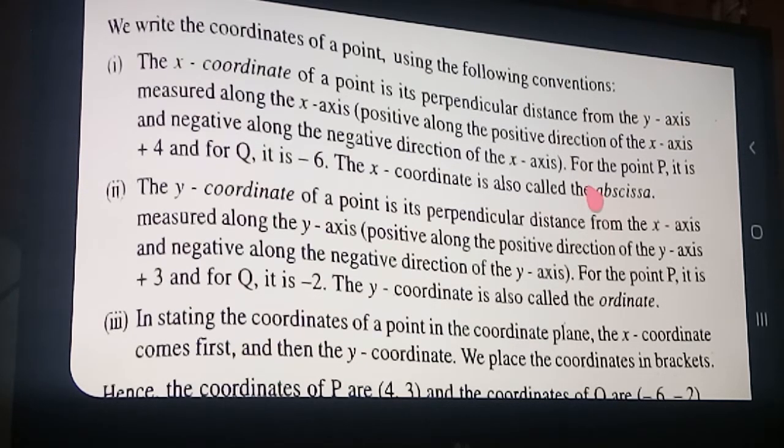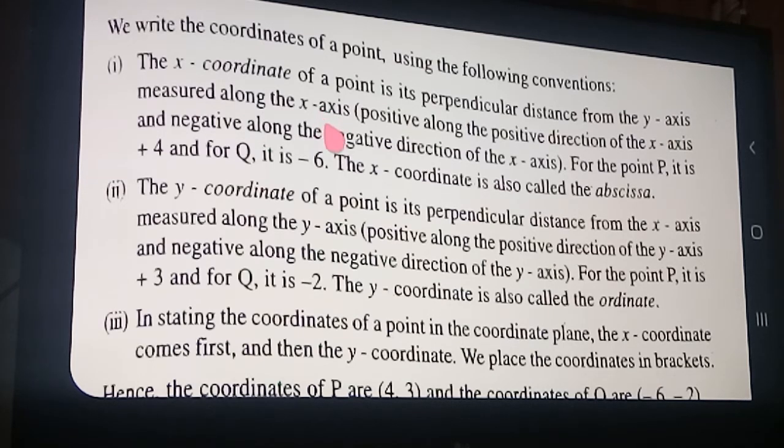Abscissa. Sometimes a question asks in such a way: in the point P(-6, -2), abscissa is dash. Abscissa means what? What is written first? -6. That is the x-coordinate, which we are calling abscissa. Clear? The x-coordinate of a point is the perpendicular distance from the y-axis along the positive direction of the x-axis or the negative direction of the x-axis.